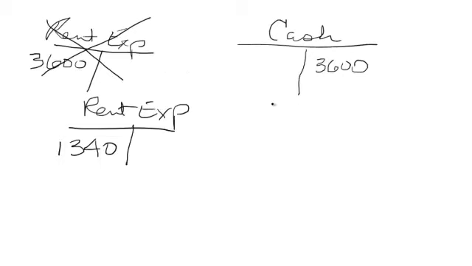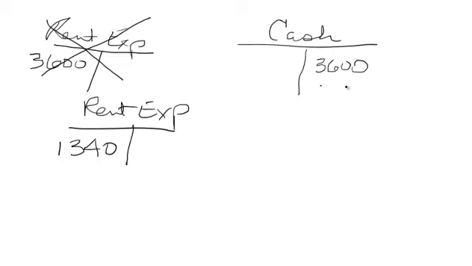And this is the reason why I like to add the other side of the equation, because remember, we have to have two things happening in double entry accounting. We have to have at least one debit and we have to have at least one credit. Okay, so we have a debit of $1,340. We have a credit of $3,600.